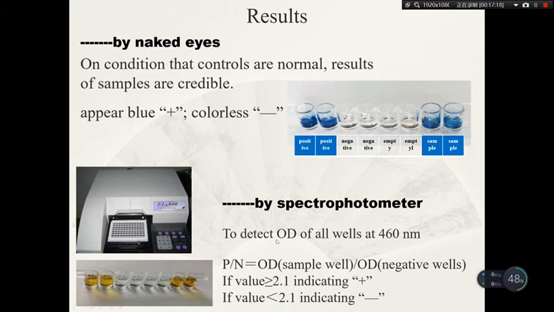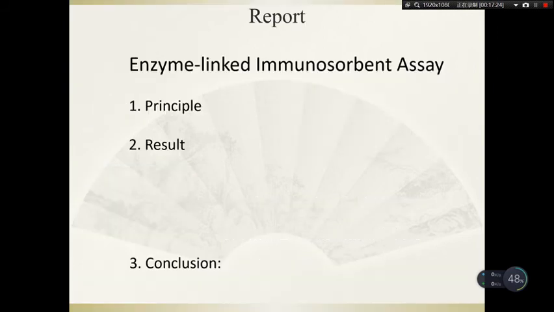If less than 2.1, it means negative. Last, we need to finish the report on paper. And the report includes the title, principle, result, and conclusion.